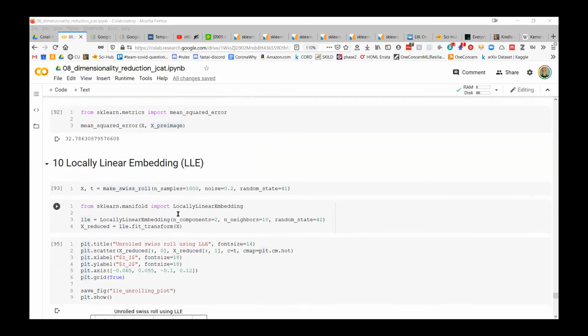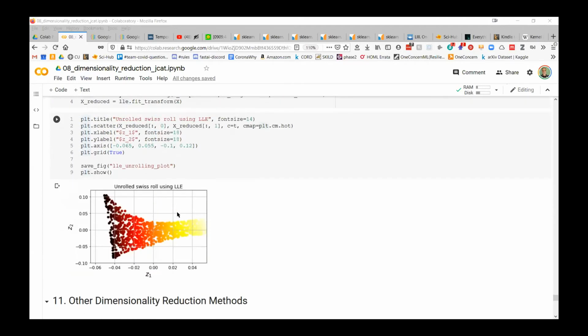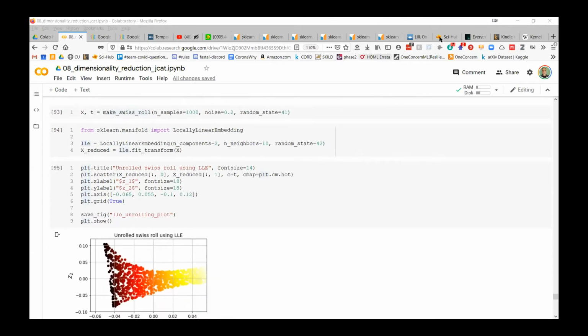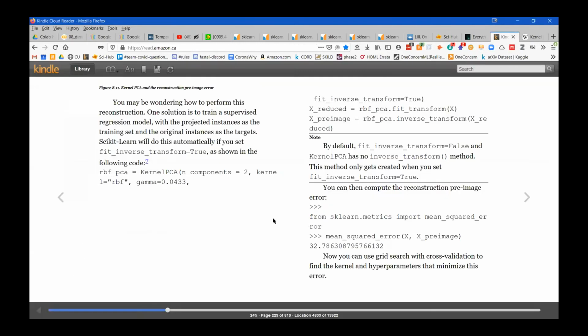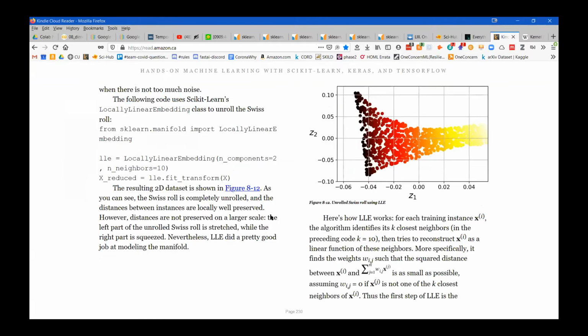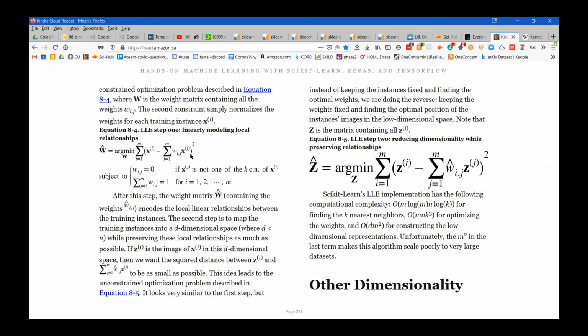Okay, so the last technique he discusses is called local linear embedding. There's a bit of mathematical background to it. It's in the book. He shows the equations.